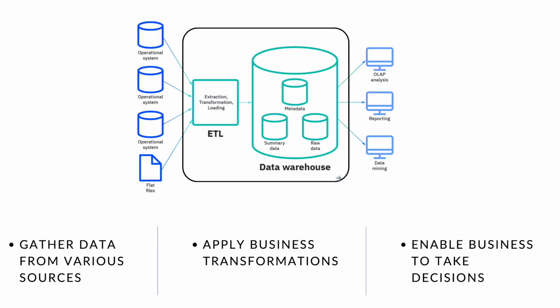So if you can recall, for any data warehouse, as a beginner, I asked you to remember just 3 points. That a data warehouse should allow you to gather data from various sources. It should give you tools to run your business transformations on that data. And then once the data is processed, it should enable you to share it with downstream applications so that the business can take some decisions on that.